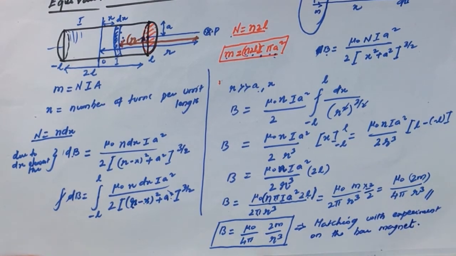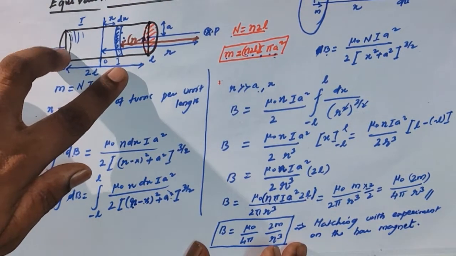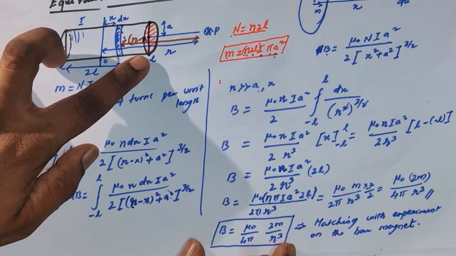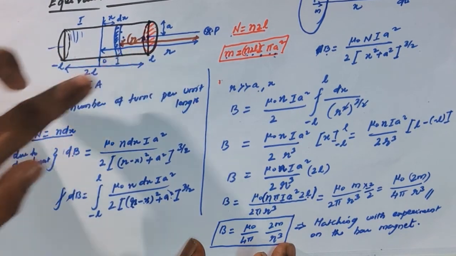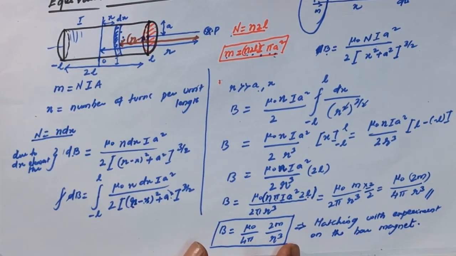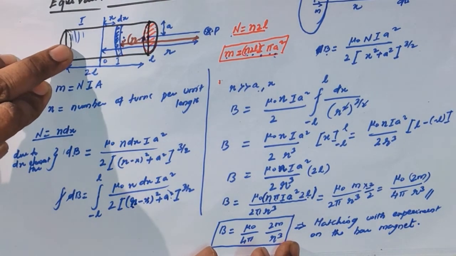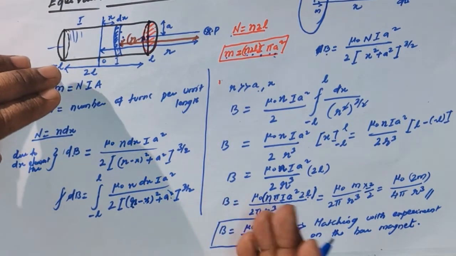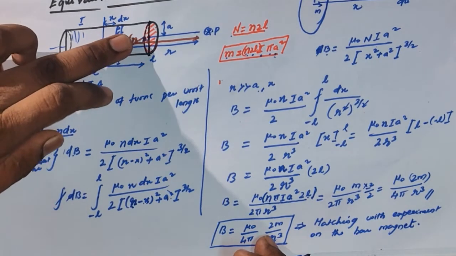So in general we can say the solenoid magnetic field is equivalent to the bar magnetic field, and the magnetic moment of the solenoid is equivalent to the bar magnetic moment. In general, the bar magnet and the solenoid are different in structure, but in terms of magnetic field production they are similar.